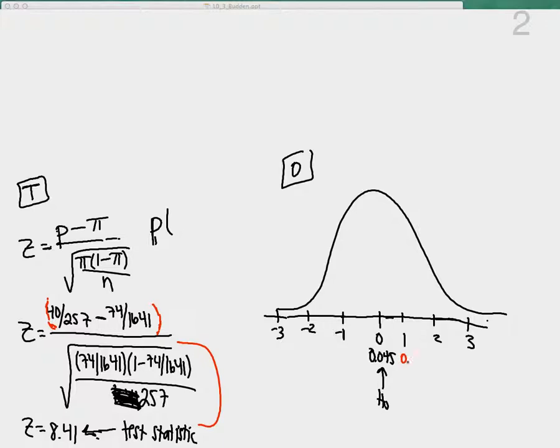So this is going to be 0.055, 0.065. I'm severely rounding, but I don't have that much room.